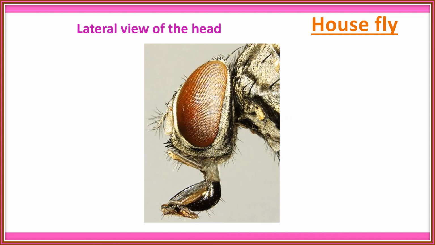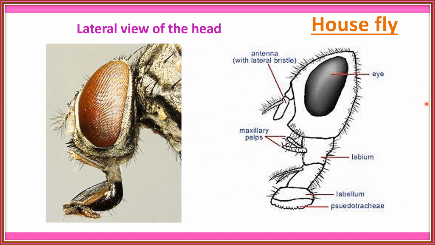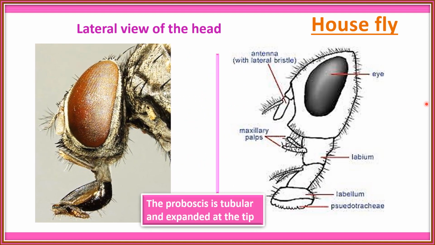The lateral view. Lateral view is when we are seeing it from the sides. What we see on the lateral view of the head: we see the eye, which is the compound eye. We can see the labium. We can see the maxillary palps, these ones here on the labium.